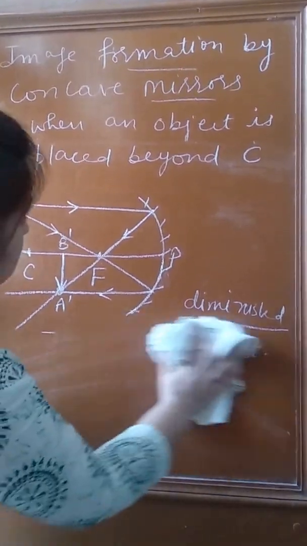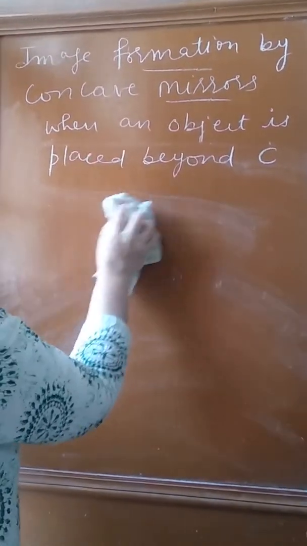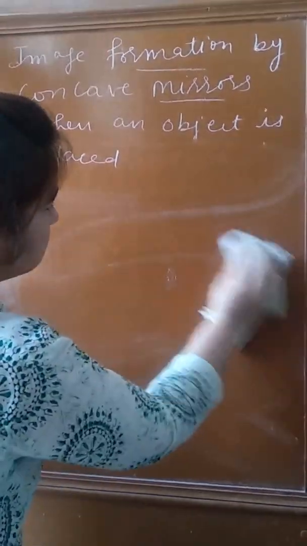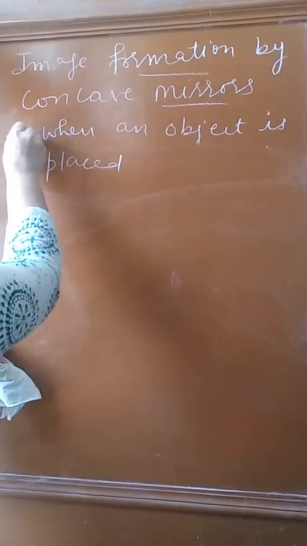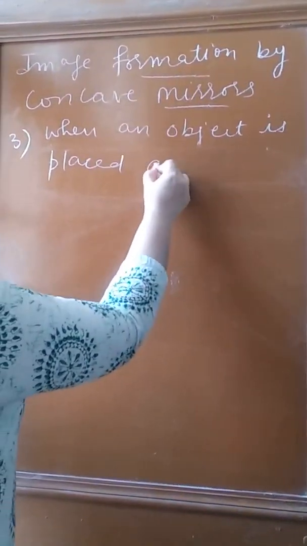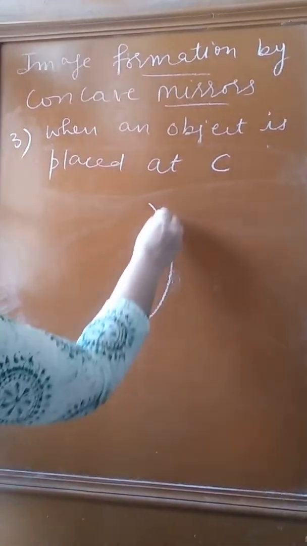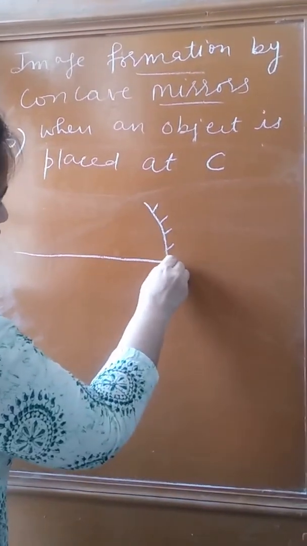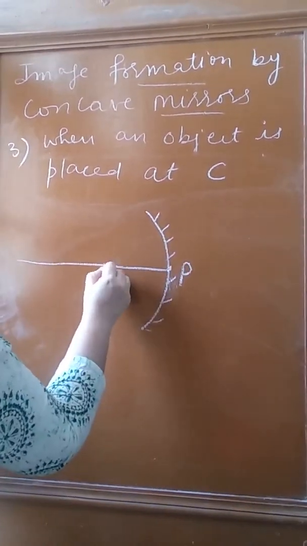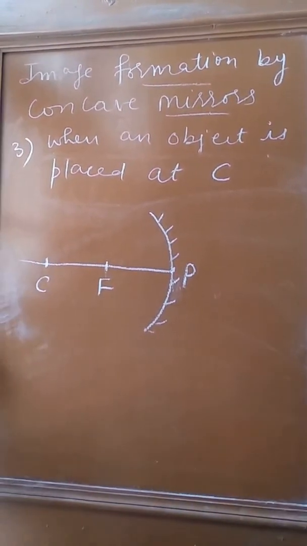Now, in the third case, when an object is placed at C. First draw the concave mirror, pole, principal axis, focus and center of curvature.